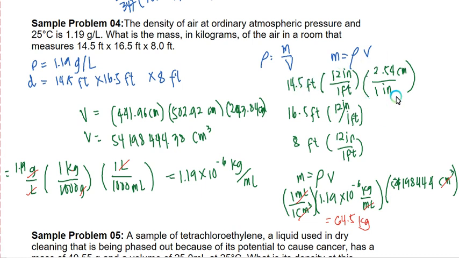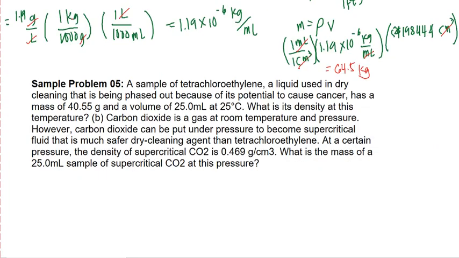Foot, inches, inches. Next, so multiply mo na, nakuha natin volume, may ara naman ta value sa ating density. Next, gamiton sa formula. Then hambal ko kagina may ara kita conversion factor for cm kag ml, and that is 1 ml is equals to 1 cm cube. If we multiply sa ating answer sa density kag volume, we would come up with an answer equal to 64.5 kilograms. So that is for the example number 4.